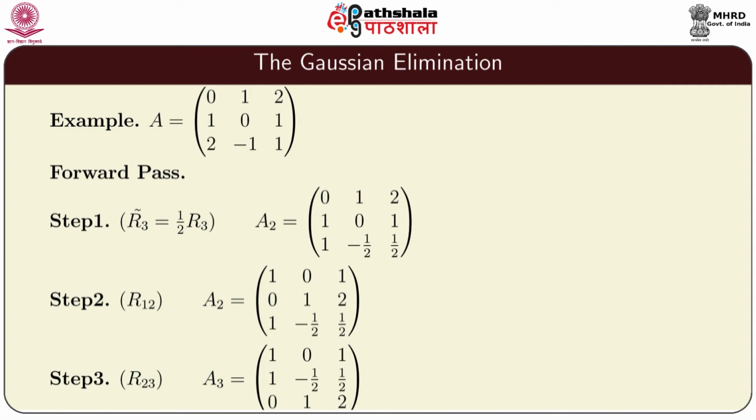But the backward pass will give you the final form, that is, we do not want any other non-zero entries in these columns where the first non-zero entry of a row sits.